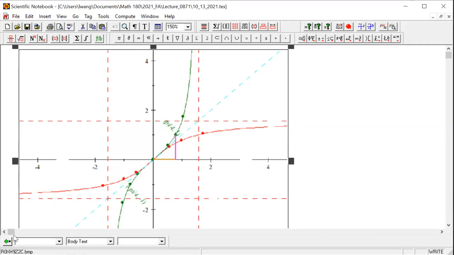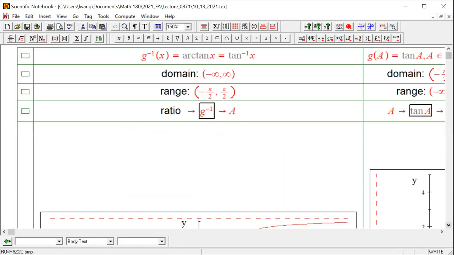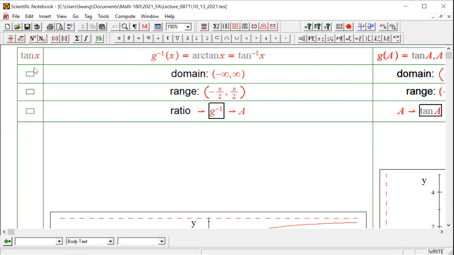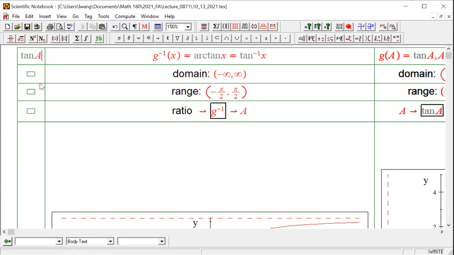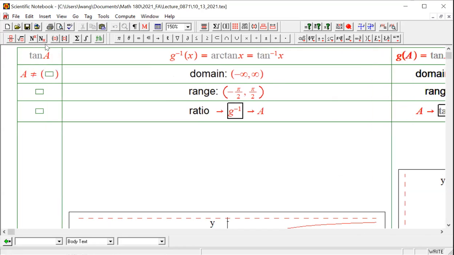So the tangent function, just like sine, cosine, right? Whenever we talk about the tangent function, what function do we refer to? We say x cannot be odd number multiples of pi over 2.